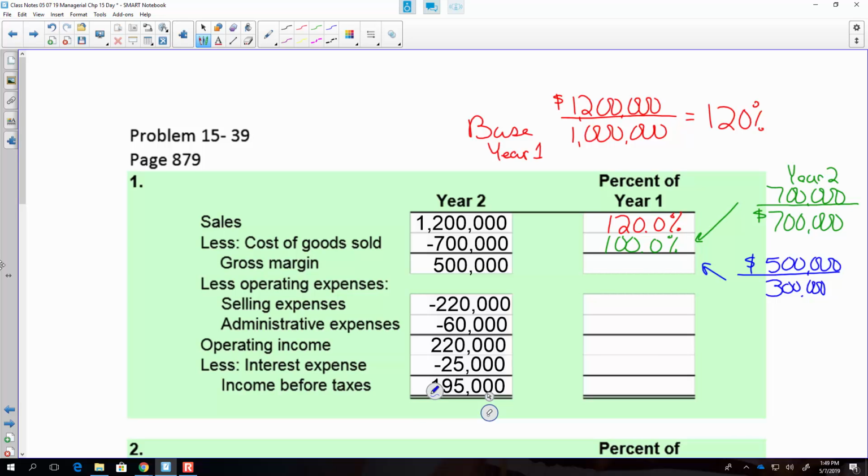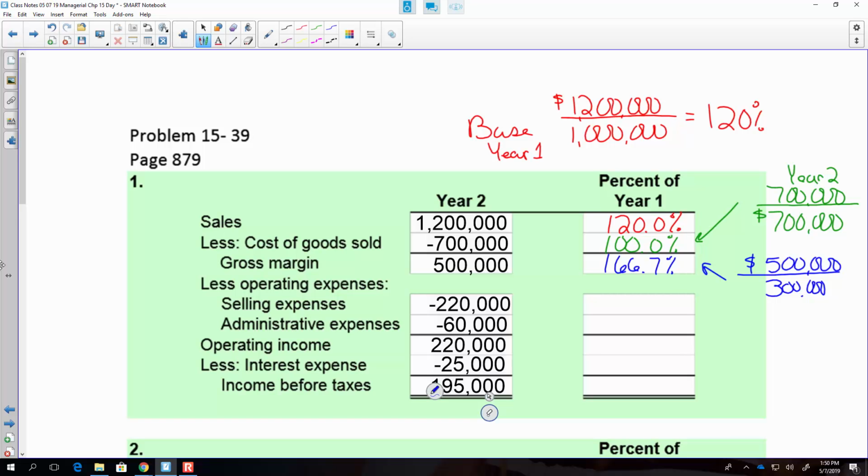Should know it. Well, 1.66 repeating. Okay, so I'm just going to round it to the 10th position, 166.7%.